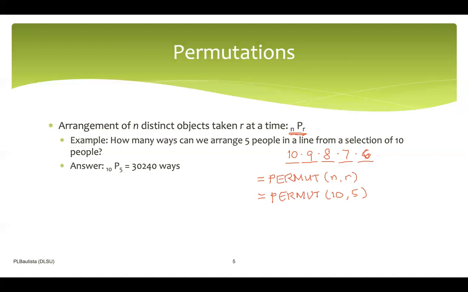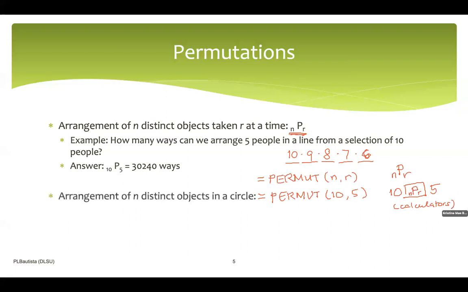Similarly, if you have your calculators, all you have to do is to find the nPr button. So you start by inputting 10, and then find the nPr button, press that, and then followed by 5. So this is for calculators. Okay.